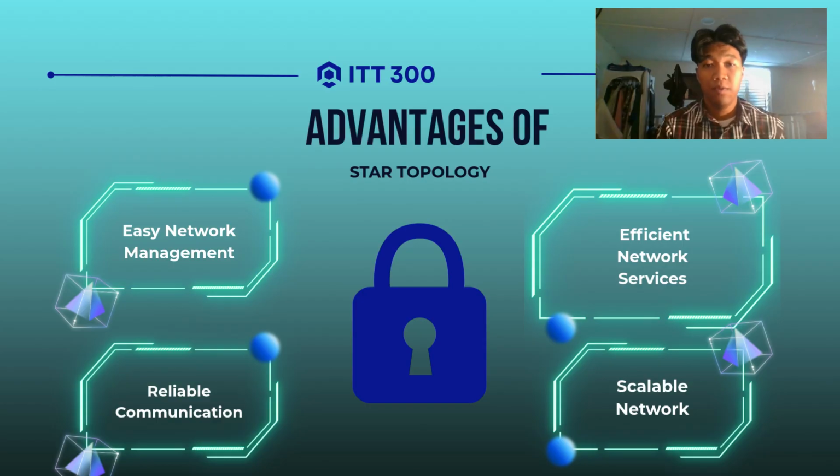Okay, now for the advantages of using the star topology for our network design. Firstly, it provides us with easy network management because every device connects to a central switch, which is the hub. It's simple to monitor, troubleshoot, and maintain the network from one central point.